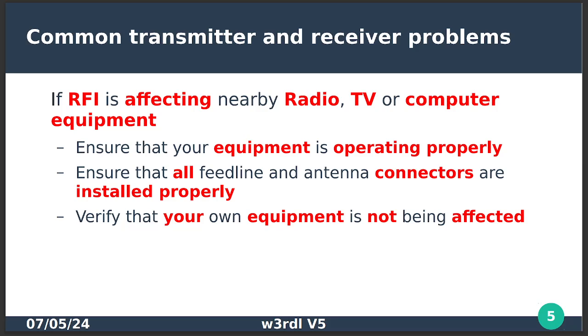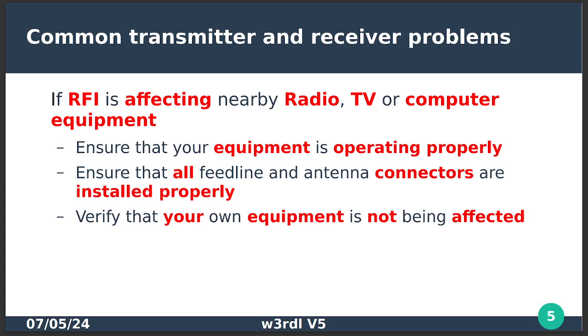Ensure that the feed lines and antennas are installed correctly, okay? The biggest problem is not getting the connectors tight. You want them snug. You don't have to get out tools to do it, but you do want them snug. And verify that your own equipment is not being affected. So if your neighbor comes to you and says, dude, your radio is messing up my TV, the first thing you should do is go check your TV. If it's not messing up your TV, something else is doing his. But you have to go through the whole process. You have to transmit in all the different bands and make sure.